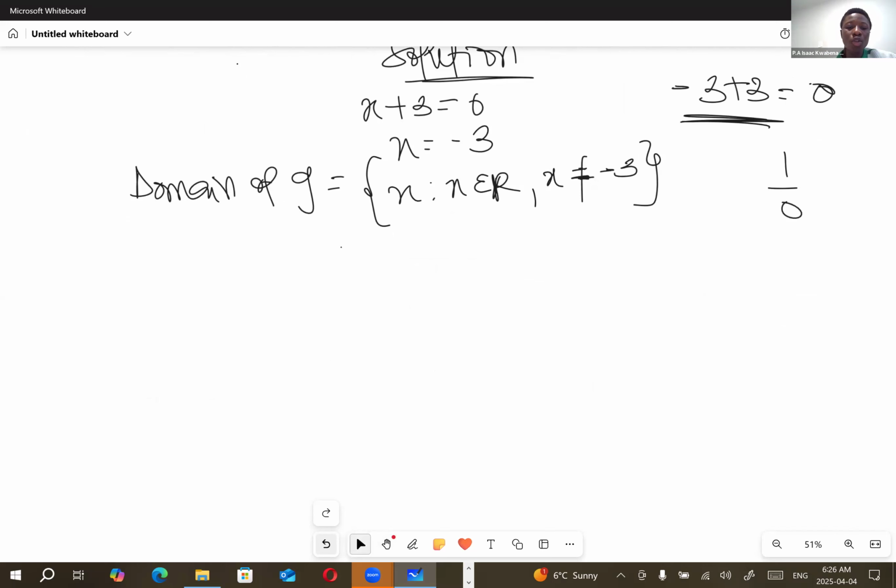So this one is yours. You do it, then you send me a picture of it on WhatsApp. Number 3. Determine the domain of the rational function f of x equals 1 over the square root of x minus 2. Do it and let me know your thoughts. Some of them you also have to be smart.